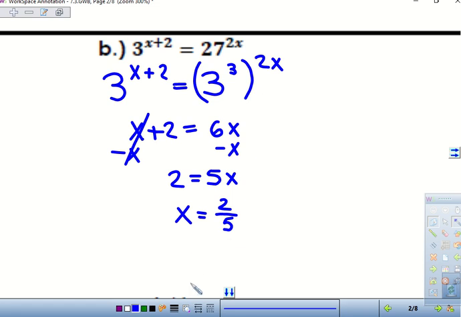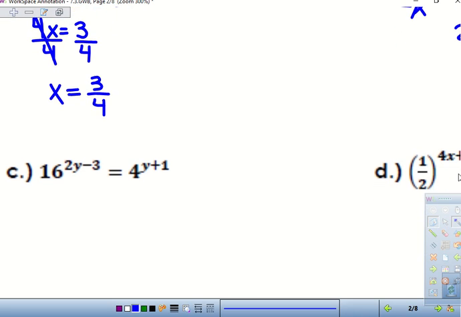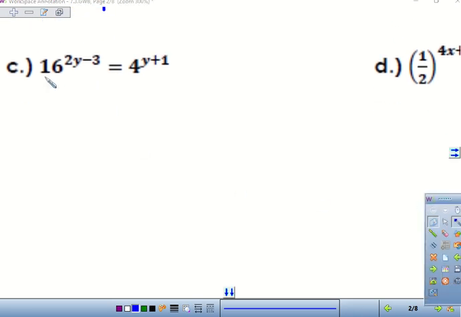So any questions about that procedure? Alright, perfect. So next one. We have a base of 16 and 4. How can we rewrite 16? 4 squared. Good.